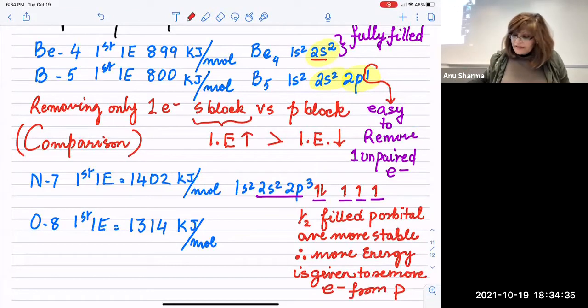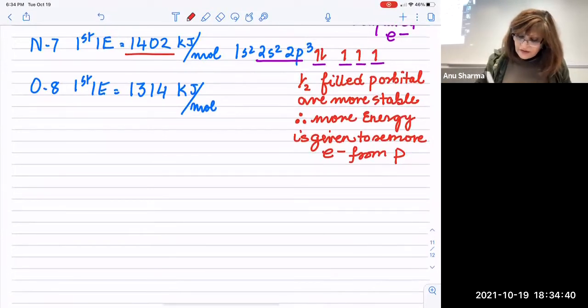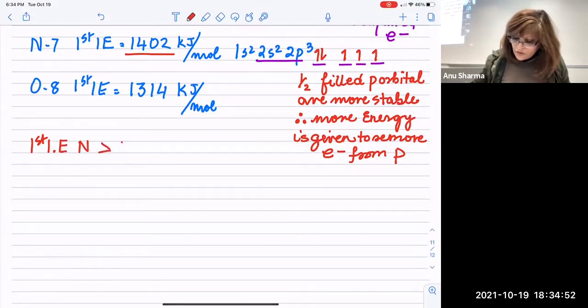That is why the first ionization energy of nitrogen is more than the first ionization energy of oxygen.